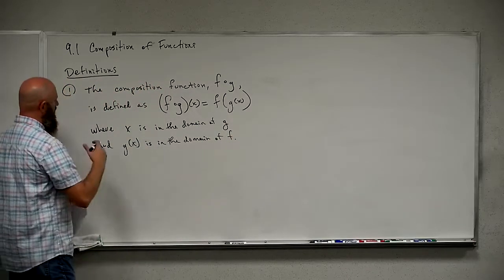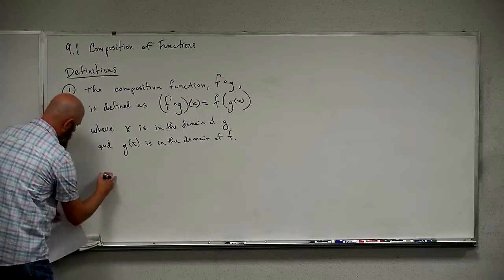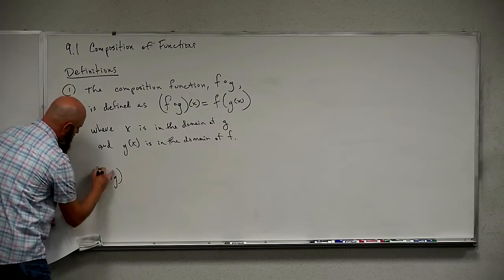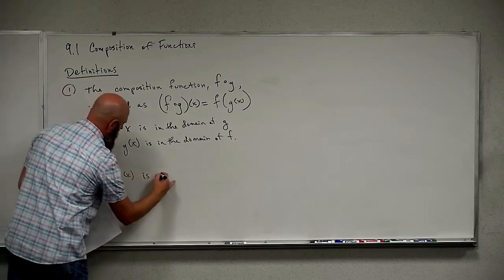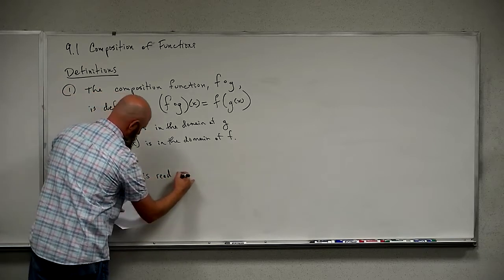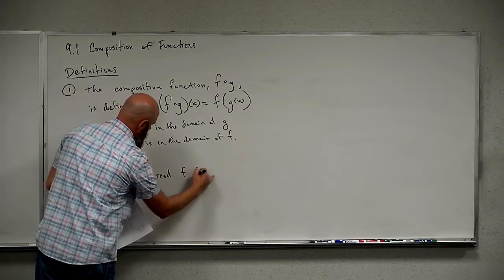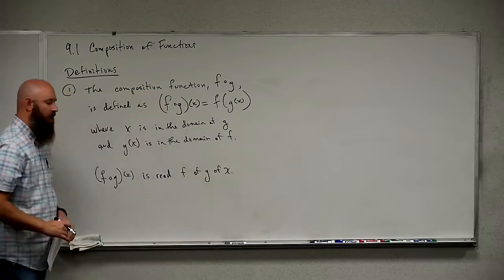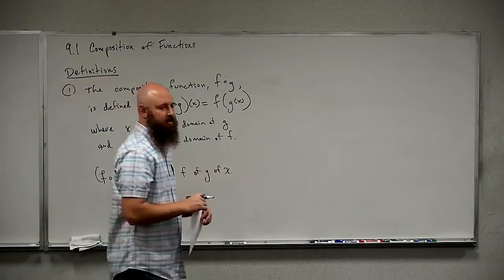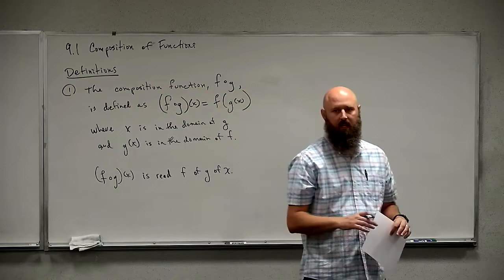And then we always kind of like, you heard me say it a couple times there, but f of g of x is read as f of g of x, right? For those. And so we need to make sure we're reading that properly there.